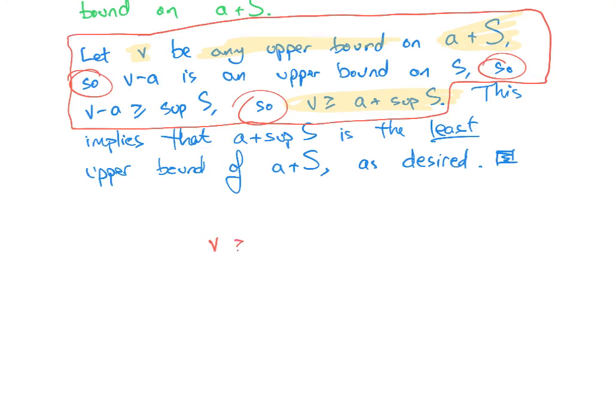So v is greater than or equal to a plus little s for all s in S. And so v minus a is greater than or equal to s for all s in S. Okay, and that's what I claimed, that v minus a is an upper bound on the set S.